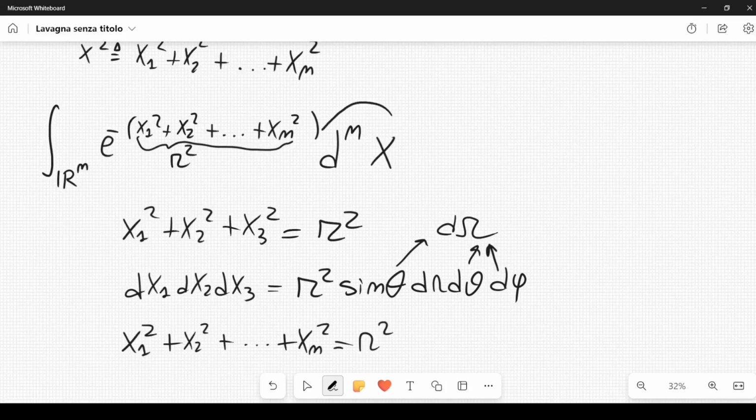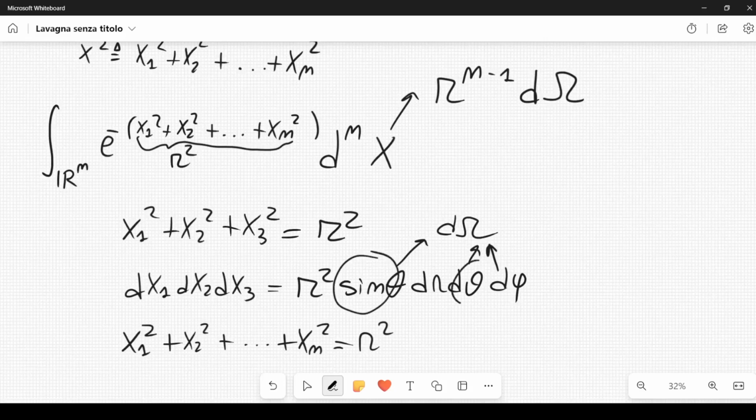And then this product of differentials will become equal to r to the power n minus 1 instead of 2. So here we are in 3 dimensions: if n is equal to 3, 3 minus 1 is equal to 2. Then we have the differential of the solid angle, which will be different from this expression here. It will be more complicated. We don't need that expression, so I'm just writing down d omega here. And then we have dr.